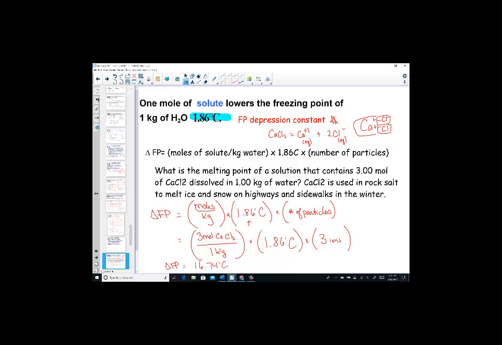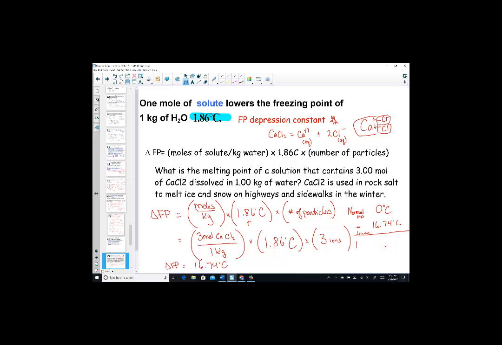Water normally freezes at 0 degrees Celsius. That's its normal freezing point. It's going to depress, which means to lower, by 16.74 degrees Celsius. You lower the freezing point, so you subtract. Let me make that more clear.